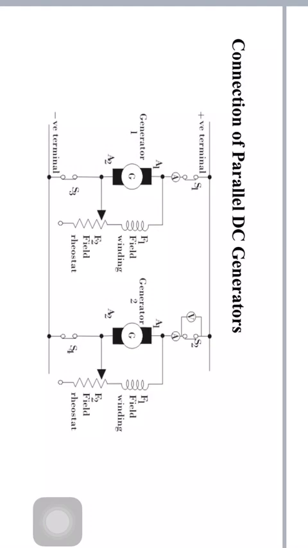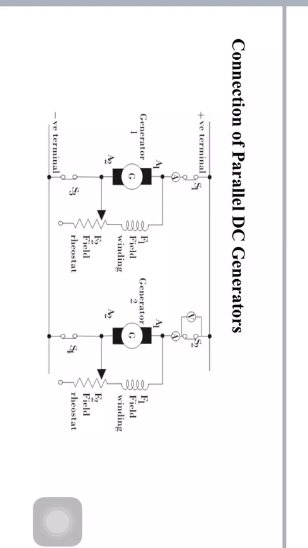In that case, reduce the current supplied by generator 1 to 0. One ammeter is connected in the generator 1 circuit, so in that ammeter we can see that it is reading 0.